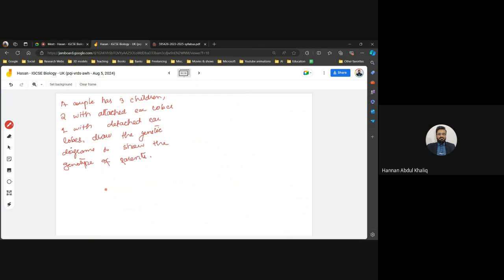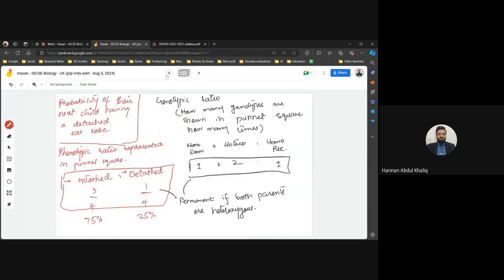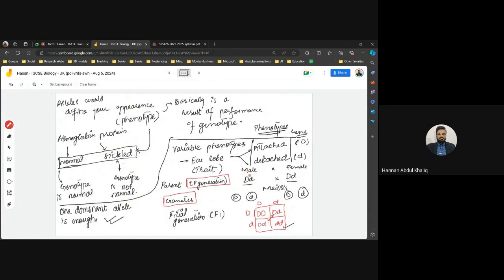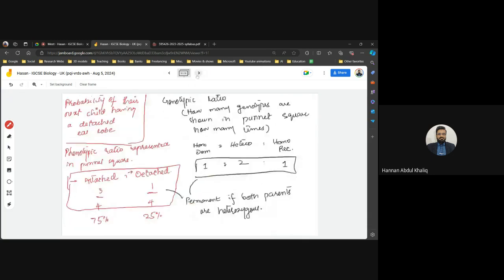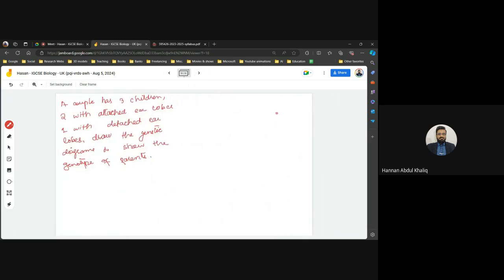Now this becomes interesting. Previously, we started from the parents and we moved forward. Now we know only the phenotypes of children: two with attached earlobe, one with detached earlobe. So how can we estimate that?